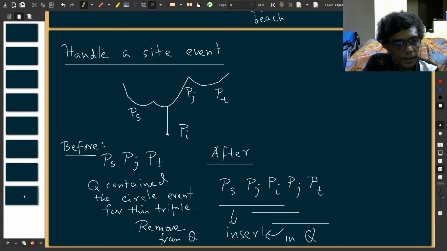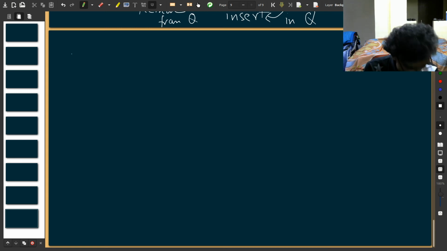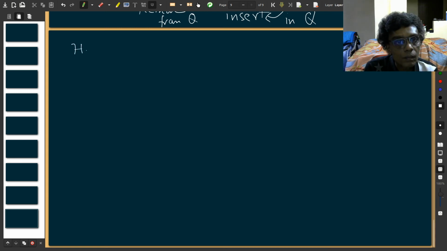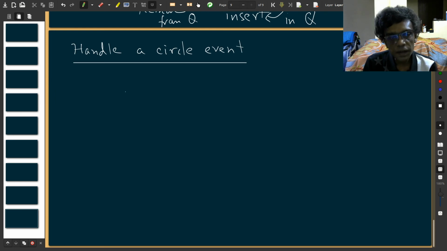Now what about handling a circle event? So what triggers a circle event?